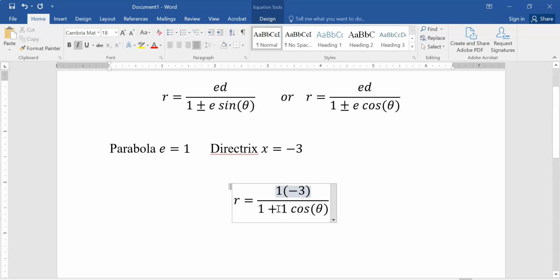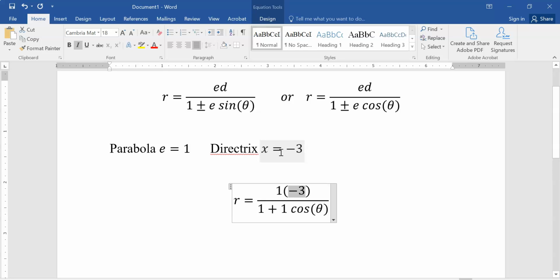The reason I chose to use the plus sign in the denominator was so that I can just use this number -3 directly as my value for d. So the d value is -3. It's exactly what this number is.